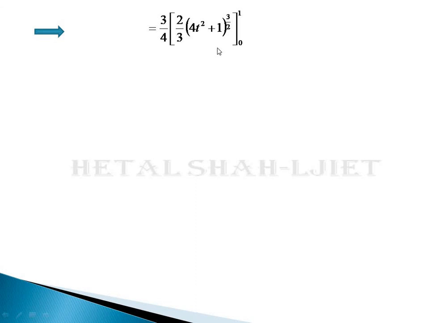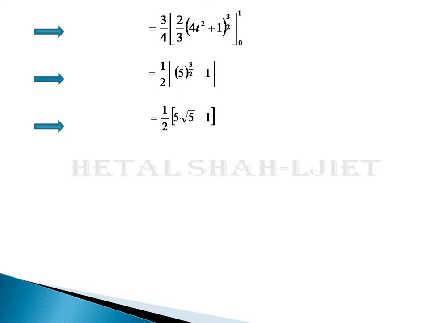Okay, by applying upper limit and lower limit, we get 5 raised to 3 by 2 minus 1. By simplifying, you can write 5 raised to 3 by 2 is 5 root 5. This is our final answer.